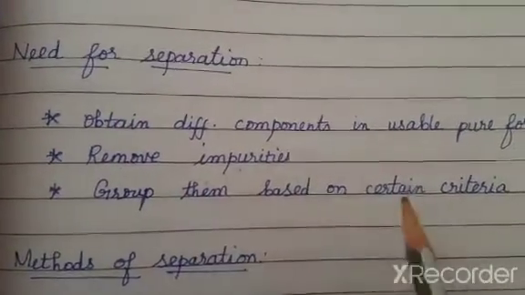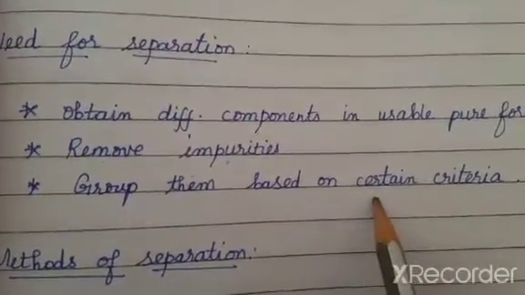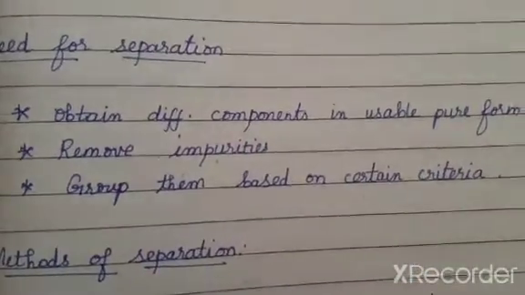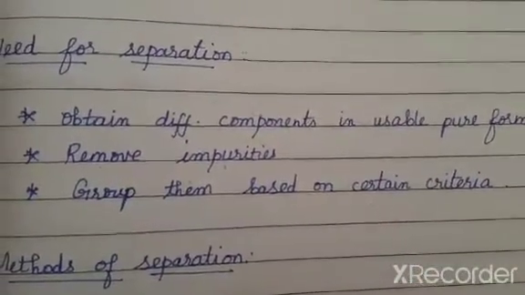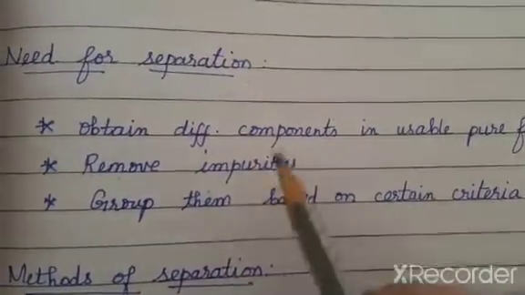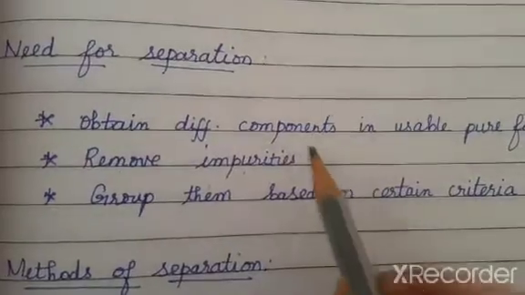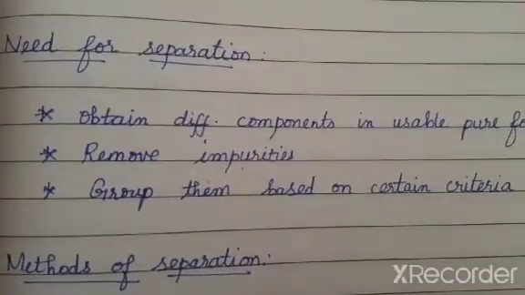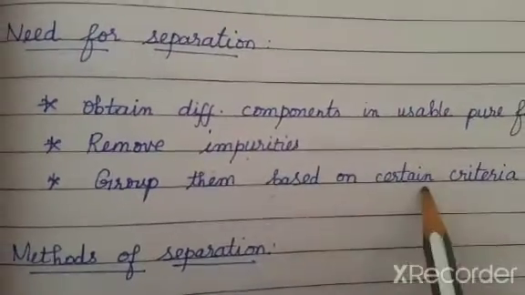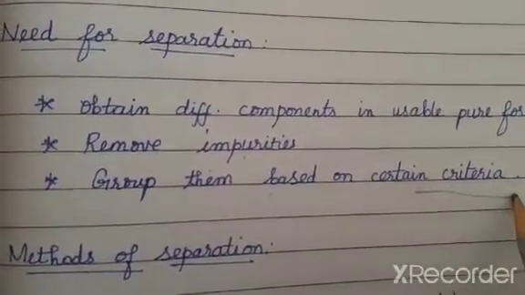I can group them based on certain criteria. I can obtain different components in usable pure form. Okay, so when I separate substances, I can identify which are pure and impure and group them separately, and I can group them based on certain criteria.